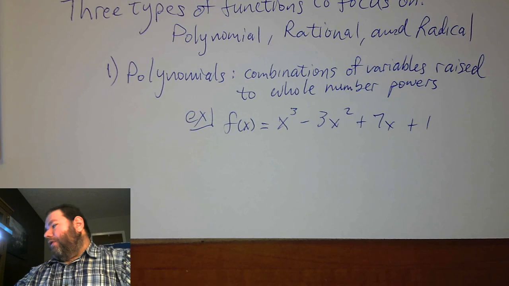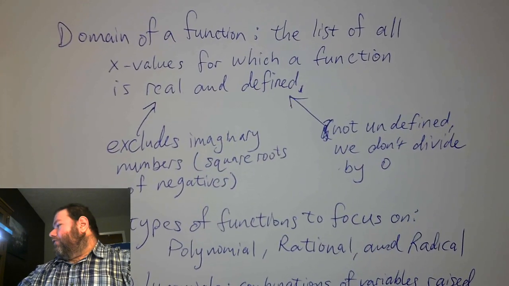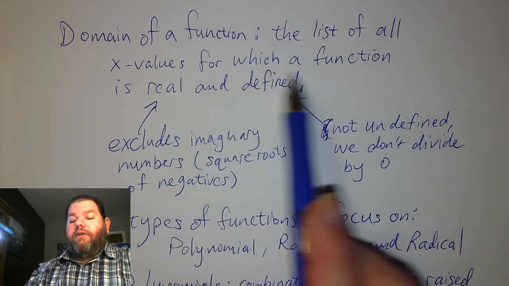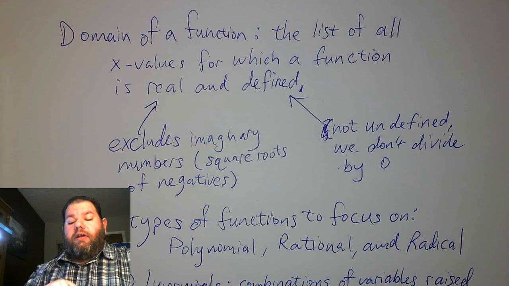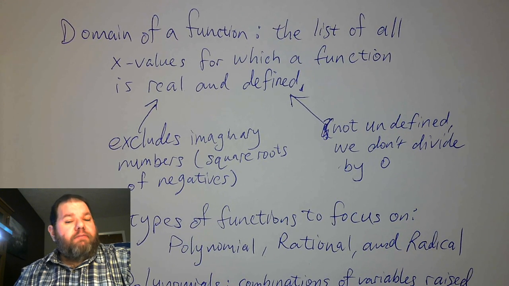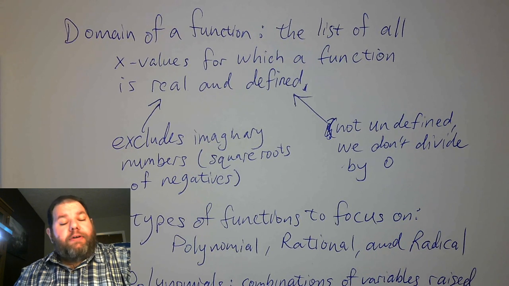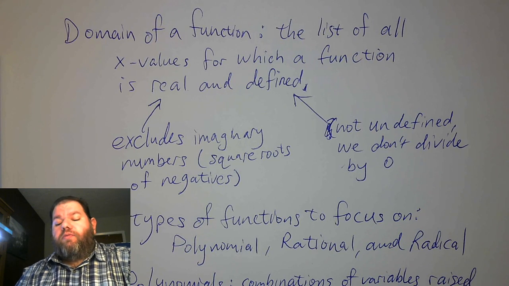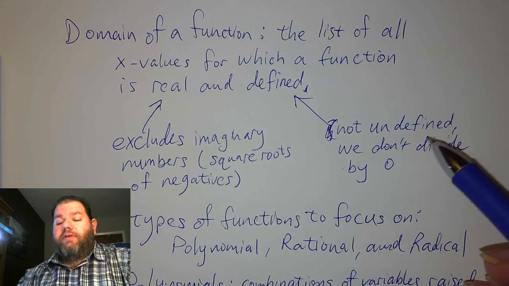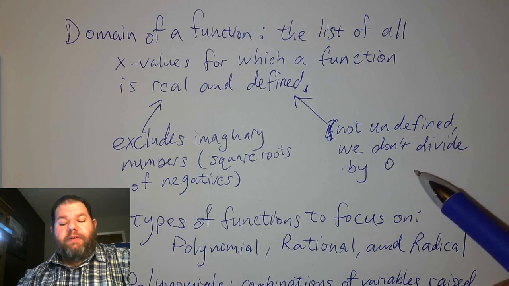Now, when we talked about the domain of a function, we said that we want the list of all x values for which a function is real and defined. And again, we base the domain on what is being excluded from the domain, largely, because we don't want it to be imaginary, and we don't want it to be undefined when we plug in a value for x. Now, what causes an imaginary number is where we take the square root, and what causes an undefined number is where we divide by 0.